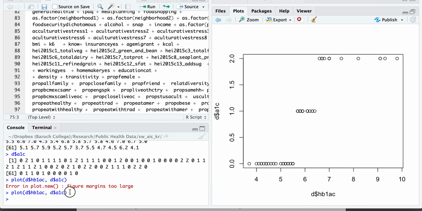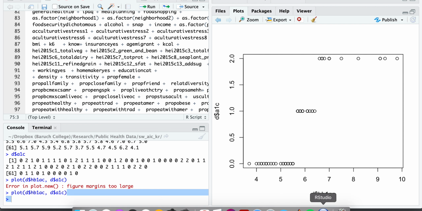So if you plot one versus the other one, we can easily see that any HB1AC that's less than this threshold is categorized as A1C 0, and then in this interval we have 1, and then we have 2. So there's obviously a relationship. It's as if we are regressing one thing against itself. So that's why I ignored it.